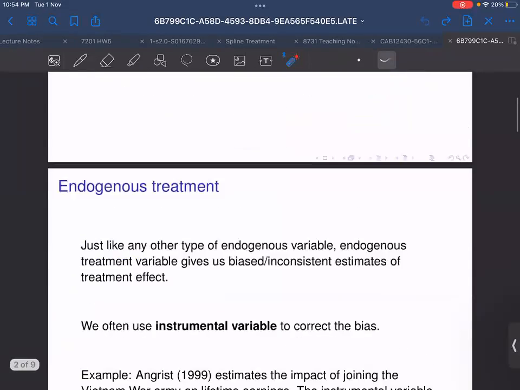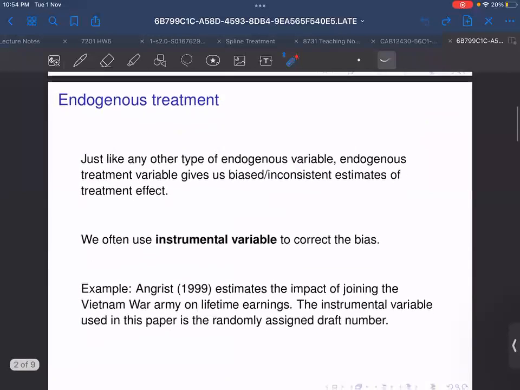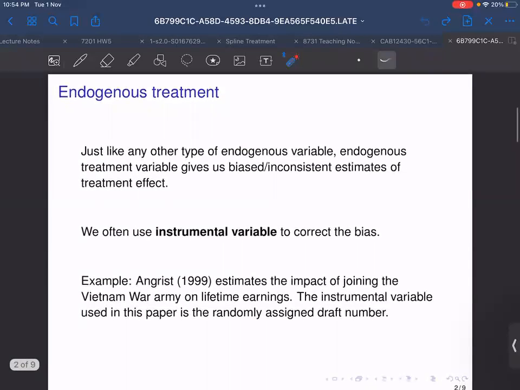Local average treatment effect is for the scenario where you have an endogenous treatment, meaning that your treatment correlates with the error term. Just like any endogenous treatment variable, this gives us biased or even inconsistent estimates of the treatment effect, so we won't get an accurate estimation.